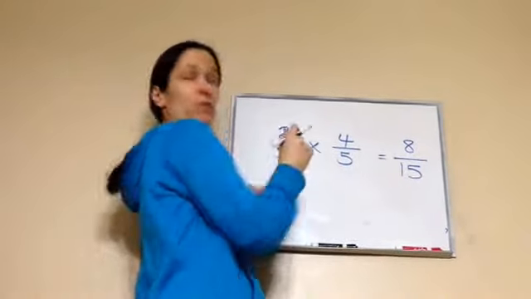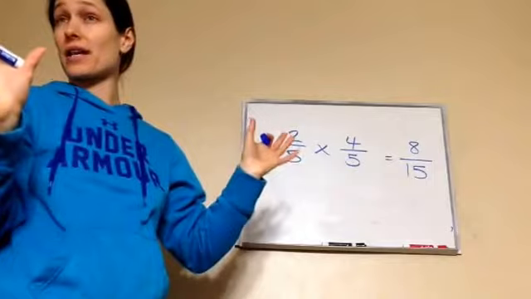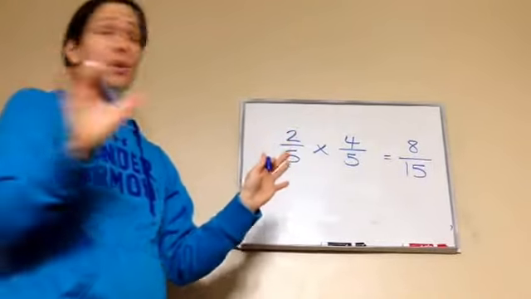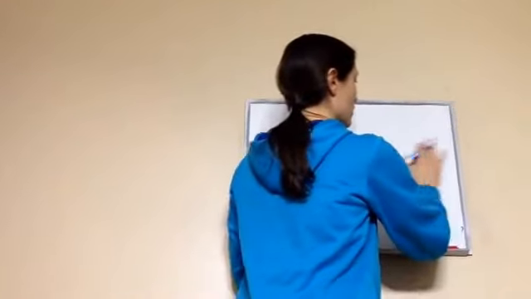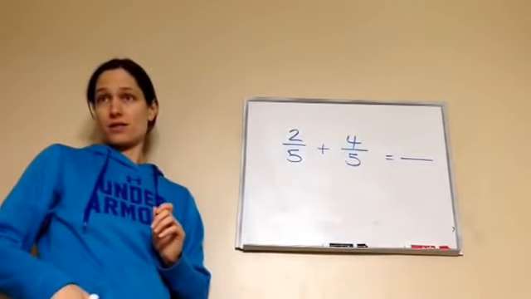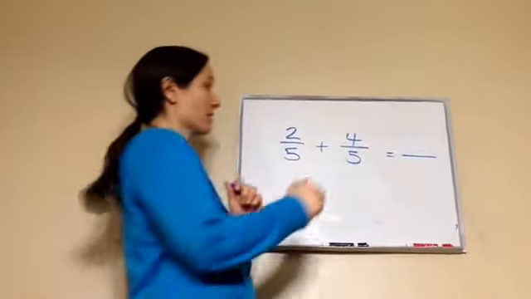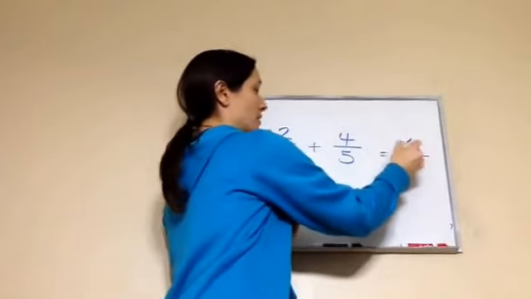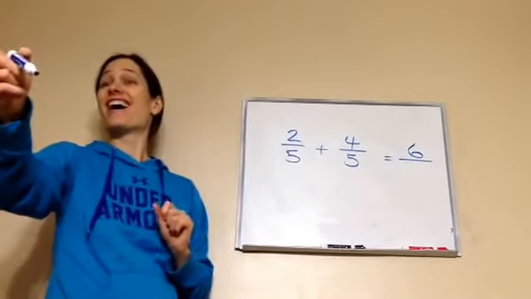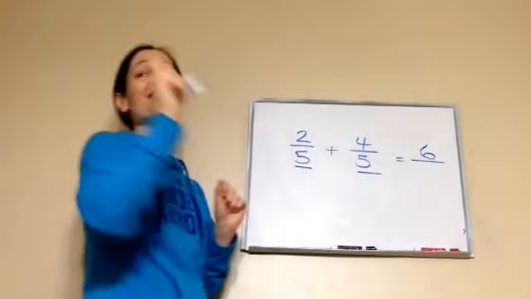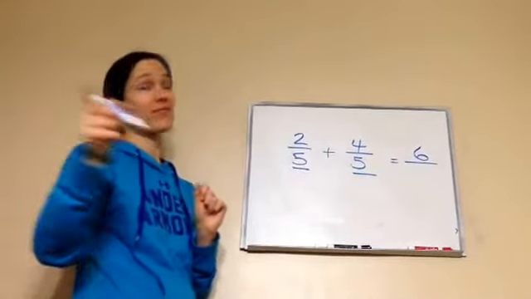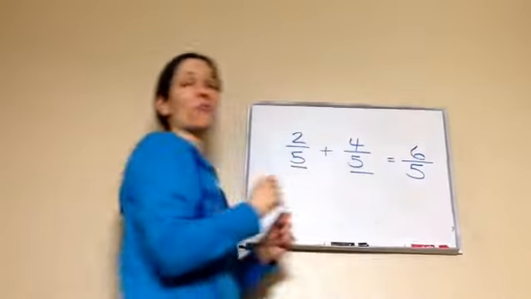I'll explain later how to make them the same if they're different. But if I was adding this, what's different? We don't add the denominators. That's where it gets tricky. 6/5, and then we'd have to do the improper thing.